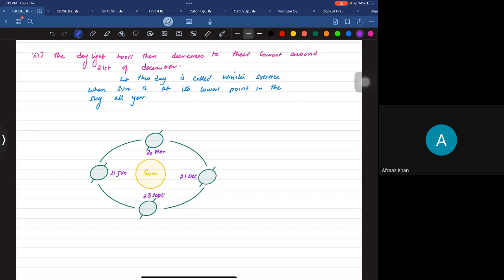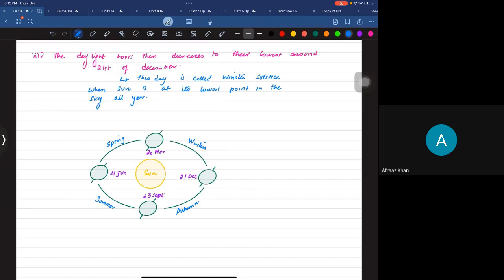So when you're moving from March to June, this is the season we call spring. When we go from June to September, this is the summer, and then from here onwards we have autumn, and then after autumn we have winters from December to March, like that.